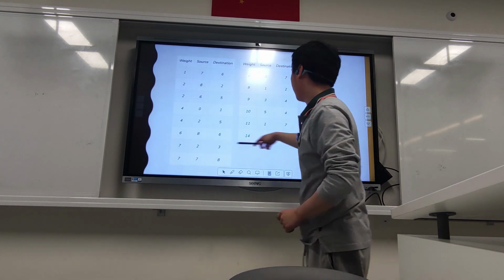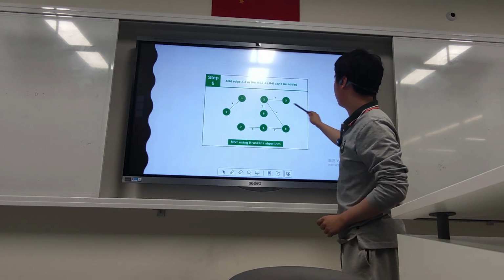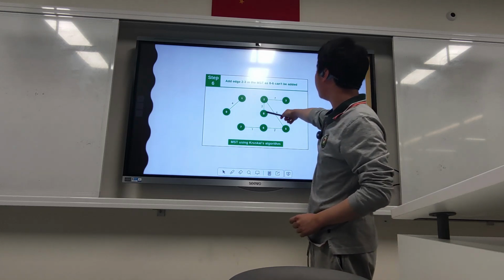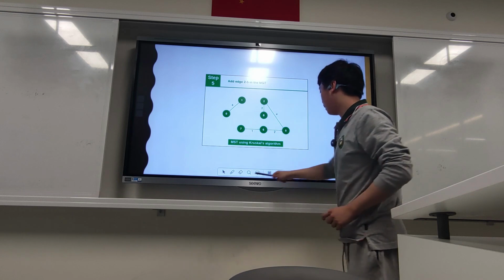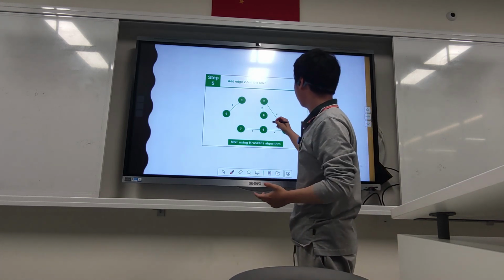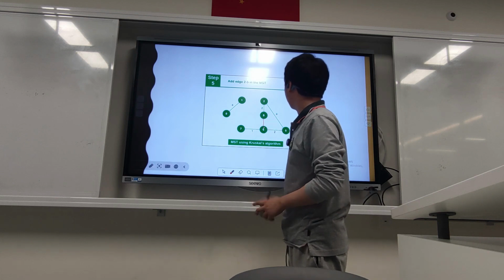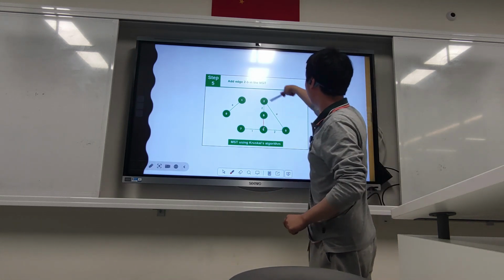Then 8 and 6. But you will see that if we add an edge here between 8 and 6, you will form a cycle.